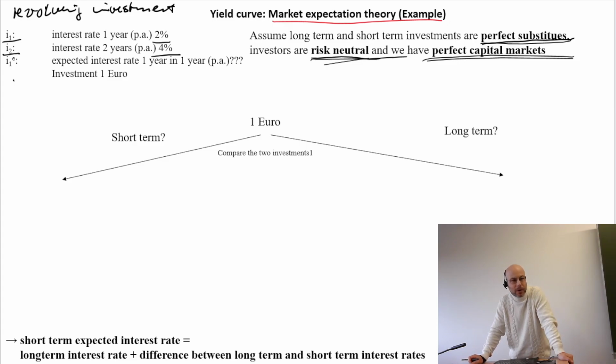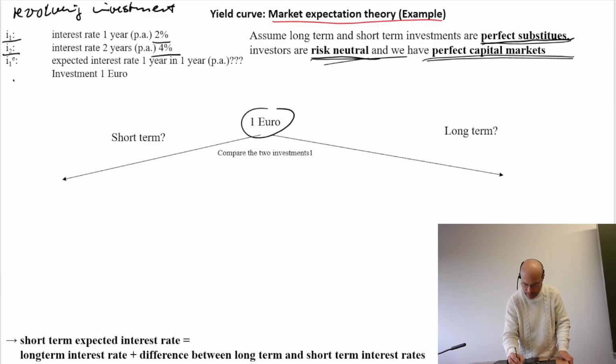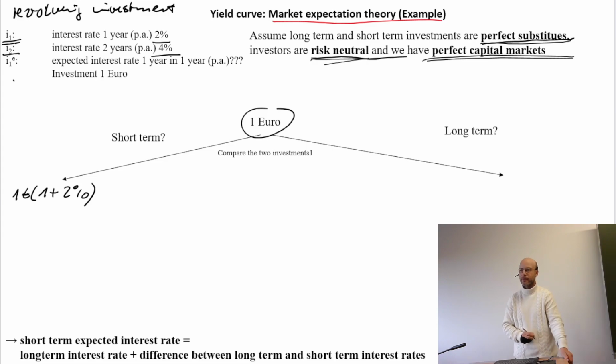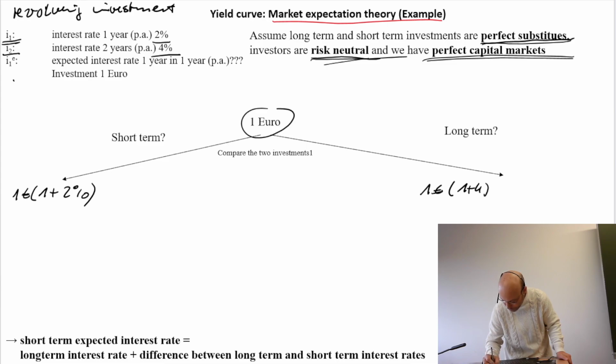So now we want to compare these two investment possibilities, or again, thinking in alternatives. So we start with what happens if we invest €1 short term for 1 year. This would mean €1 times (1 plus 2%). And long term, €1 times 1.04.